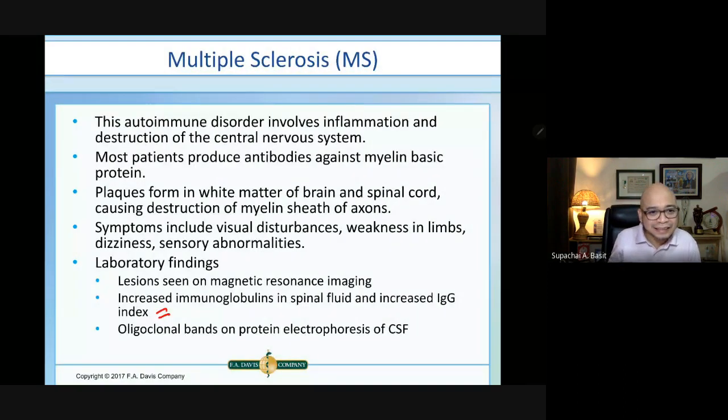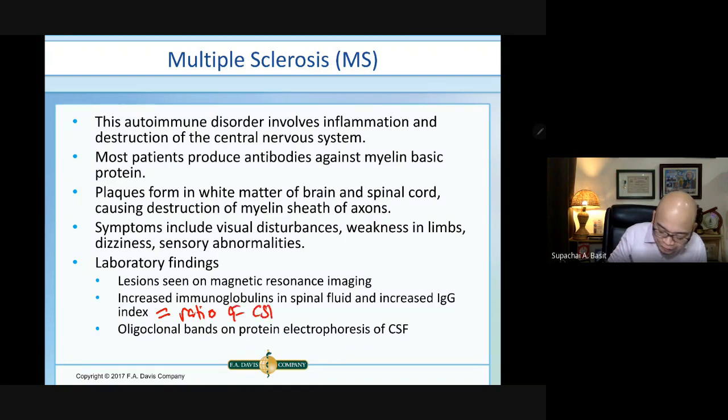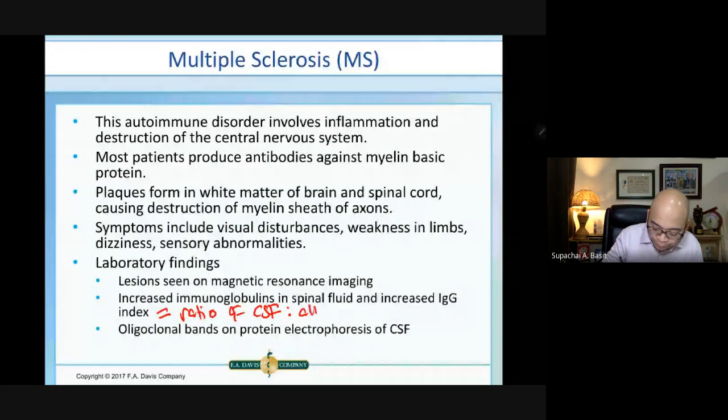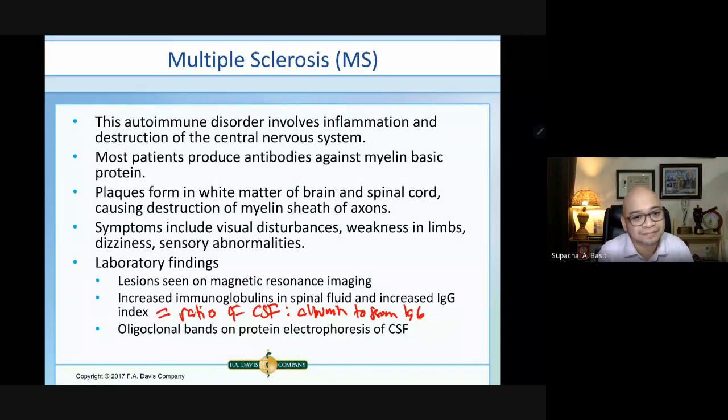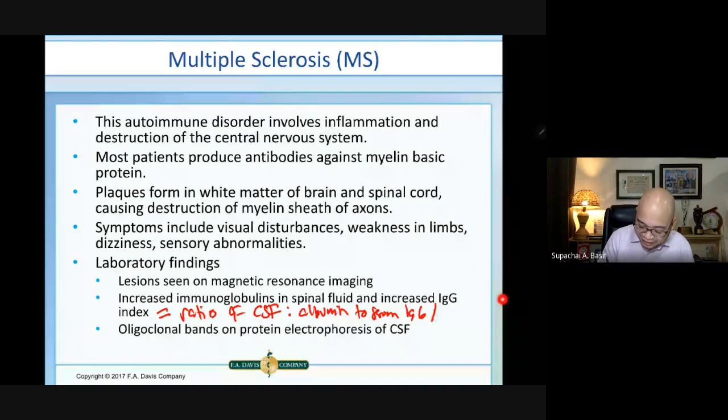IgG index is the ratio of CSF IgG to that of albumin to serum IgG and that of the albumin.